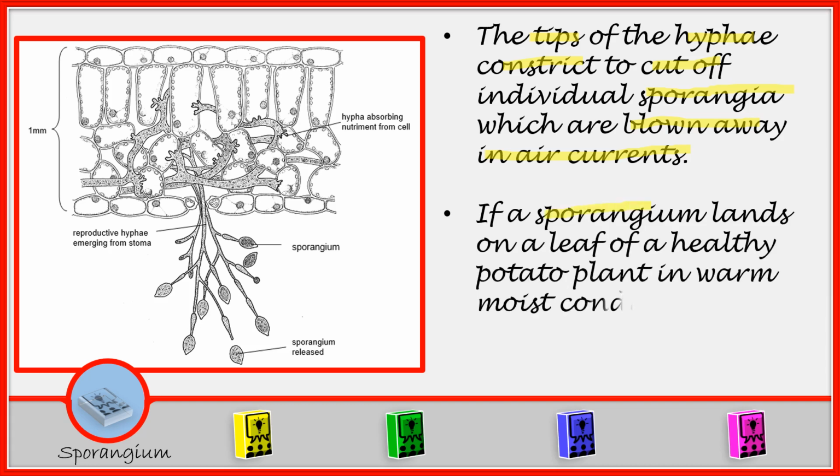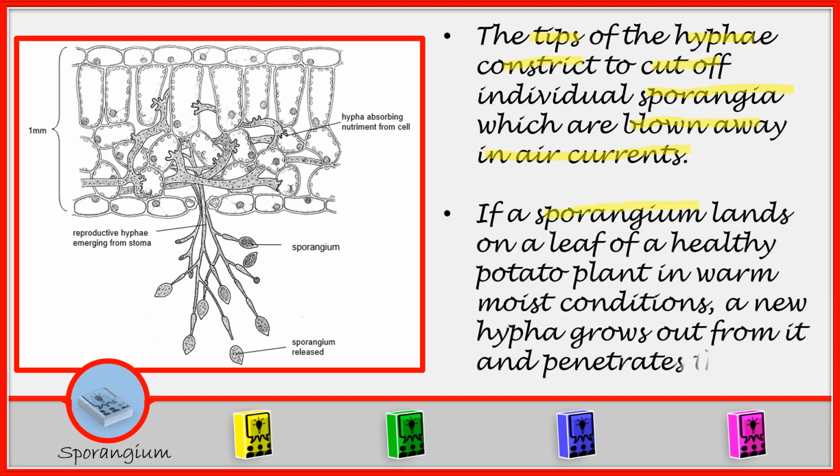The sporangium lands on a leaf of a healthy potato plant in warm, moist conditions. A new hyphae grows out from it and penetrates the leaf.